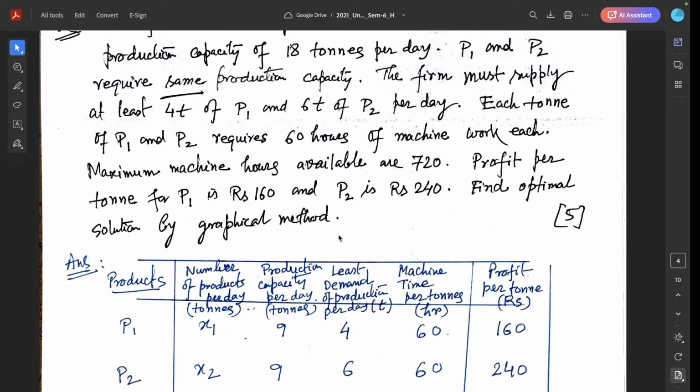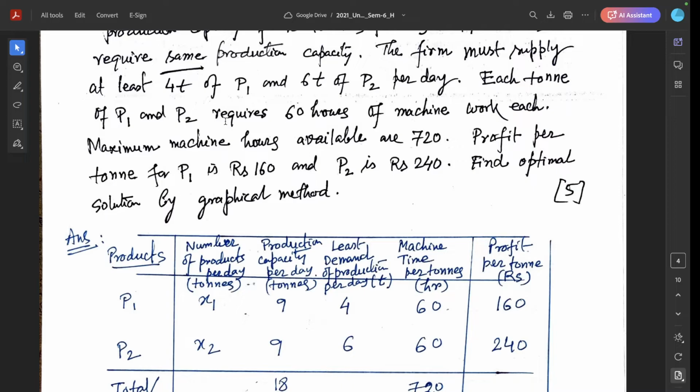Each ton of P1 and P2 requires 60 hours of machine work each, so machine time is 60 hours per ton. The profit per ton for P1 is 160 and for P2 is 240 rupees.